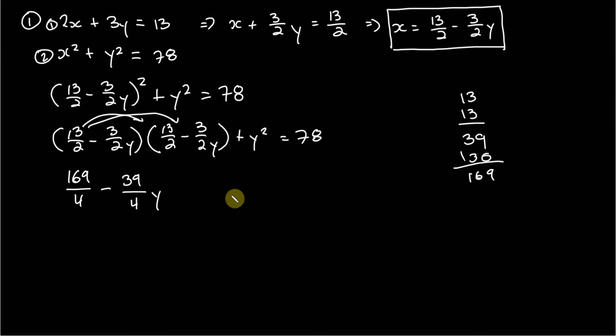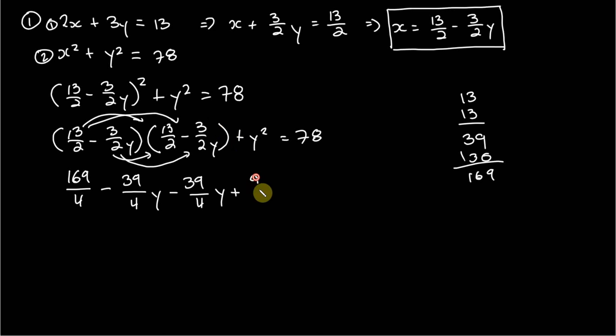Now we have negative 3 over 2y times 13 over 2, which we already found is going to be negative 39 over 4. Sorry, I was just rethinking the first term here. So now we've got negative 39 over 4y, and now negative 3 over 2y times negative 3 over 2y. A double negative is going to be positive.